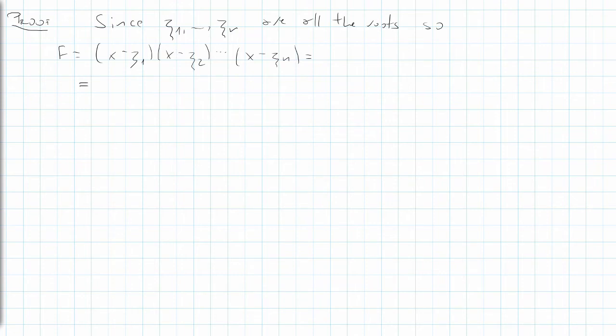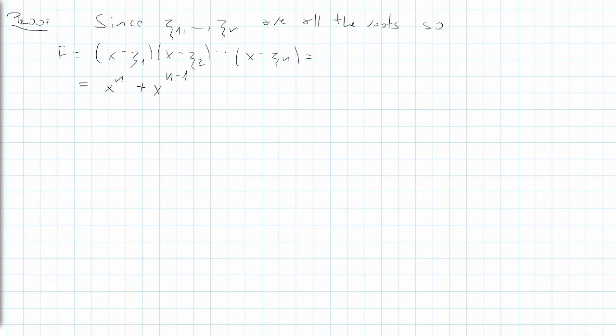So first we just take the x to the nth power. From each parenthesis we just pick x, so we get x to the nth power. Now let us pick x from all the parentheses except a single one from which we pick xi i. So our next term will be x to the power n minus 1.